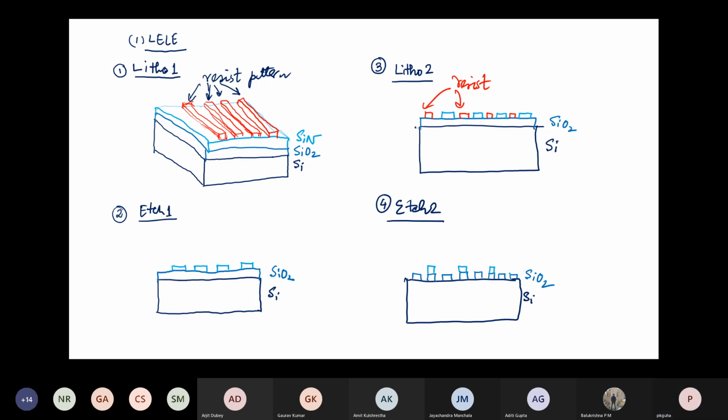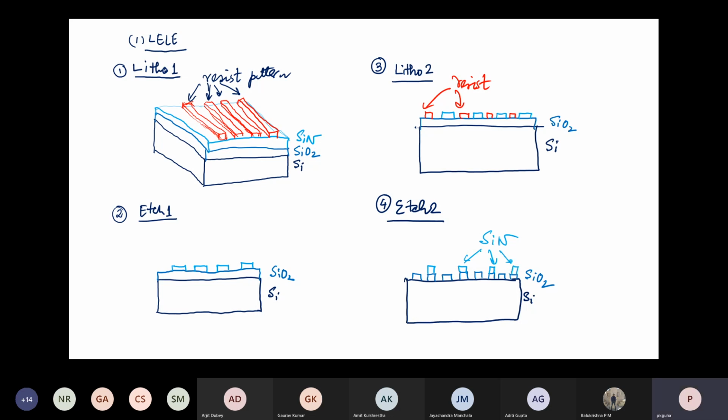You use both the resist pattern and the silicon nitride pattern as mask and etch SiO2, so you remove SiO2 from other places. Only where resist and silicon nitride are present does your SiO2 remain. In the rest of the places, you etch out the SiO2. So this is your silicon nitride, right?